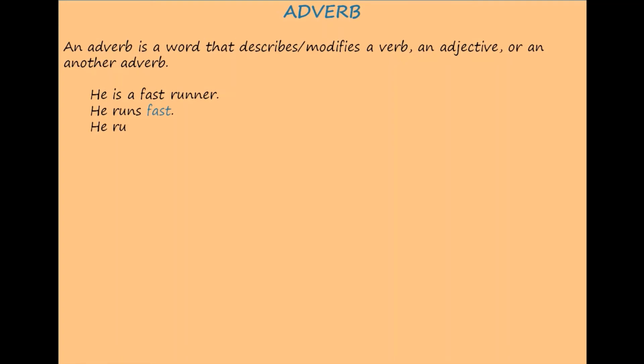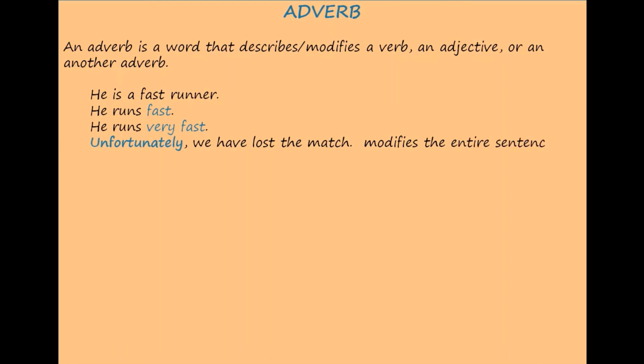So we can say that an adverb is a word that modifies or changes the meaning of a verb, an adjective, or another adverb. Let us take these examples. First one, he is a fast runner. Second one, he runs fast. Third, he runs very fast. Fourth, unfortunately, we have lost the match.